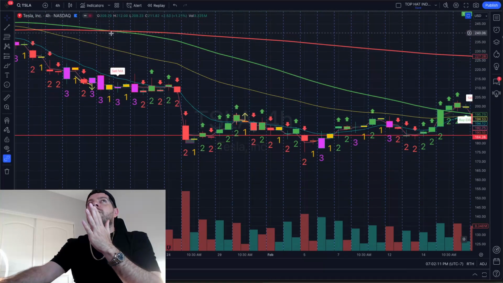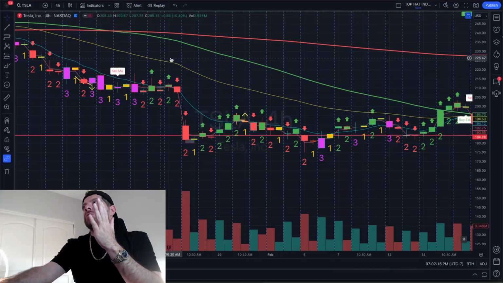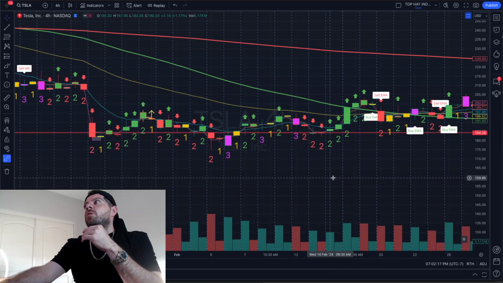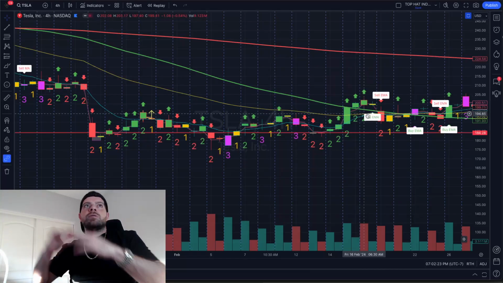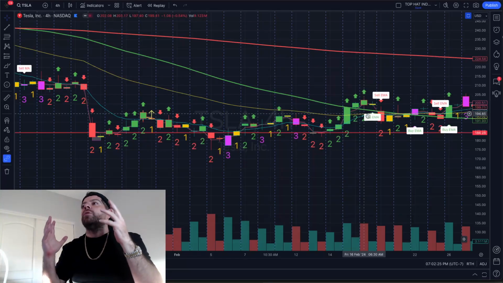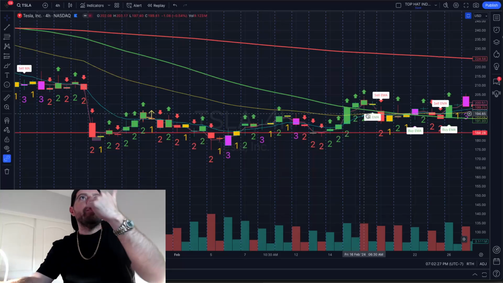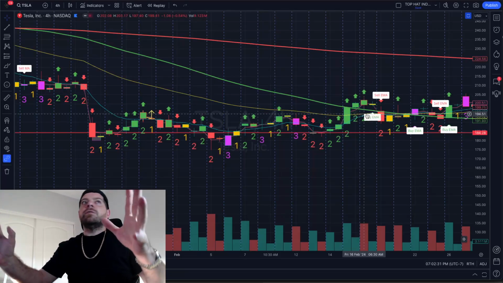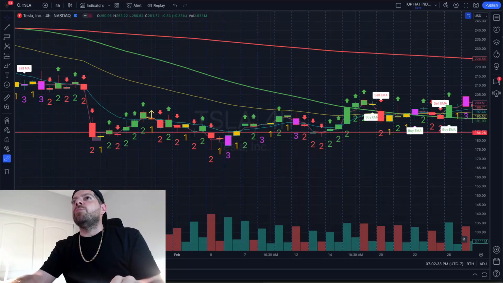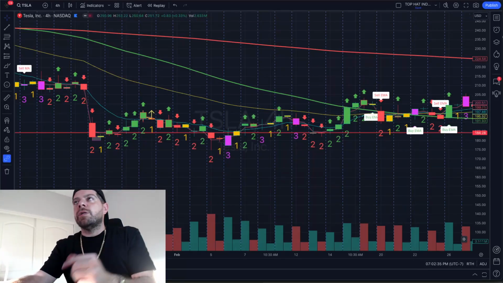We had an MA cross here, which is a clear sign for it to keep going down all the way until these EMAs started touching each other again. And once these things start crossing, this is when movements start going the other way. And then you check out the MACD, the RSI, the SMI, all of these beautiful indicators that I use on a daily basis to help you get the perfect play.